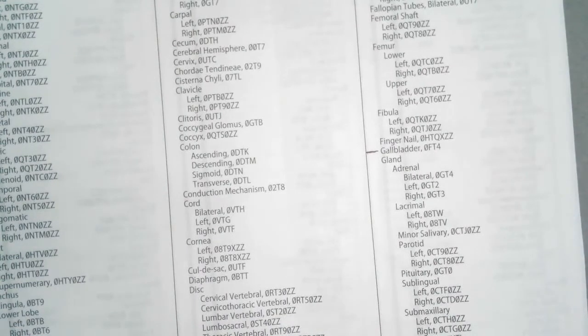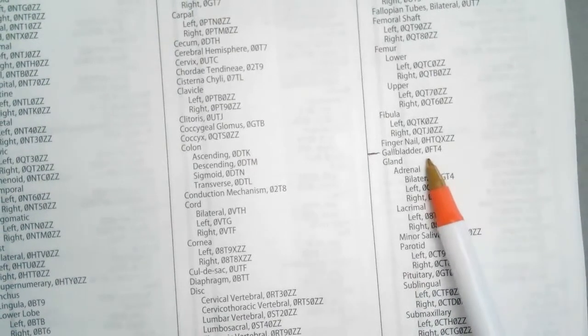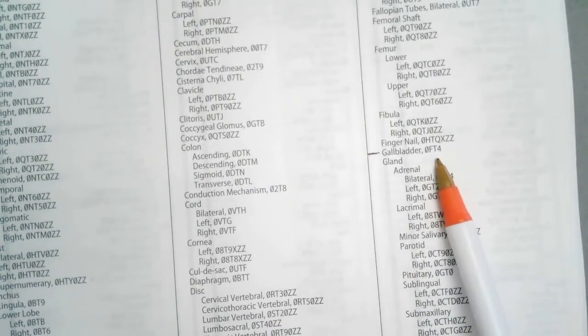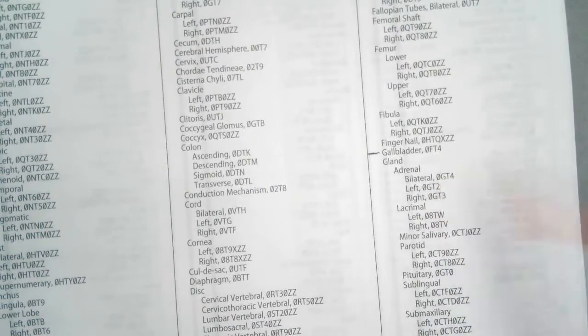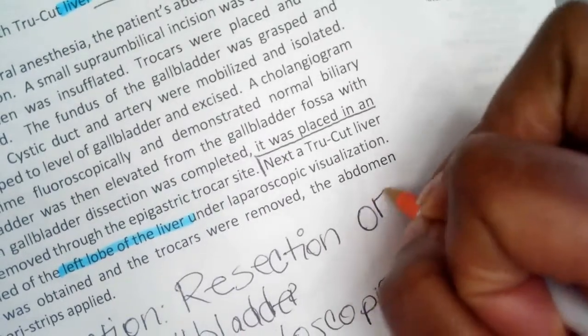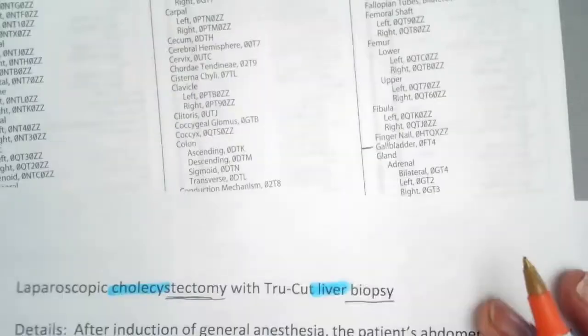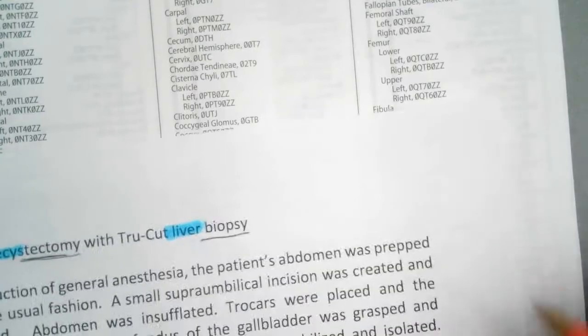And as it relates to the resection, and let's make sure you can see this. This is resection. And my body part was actually the gallbladder. The index is telling me to look at table 0F2. Our tables, guys, are always 3 digits. So I'm going to make a note here for the gallbladder. I need to go to table 0FT. And I'm going to write down 4 because 4 is actually the body part for gallbladder. While I'm here, I'm going to go over to excision and I'm going to look for excision of the liver.